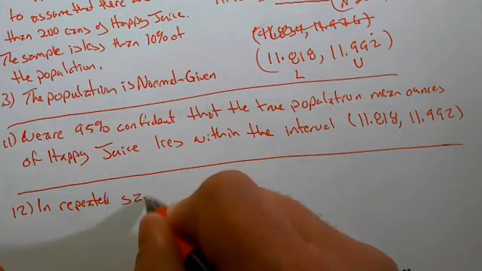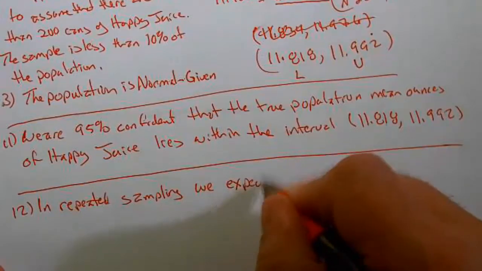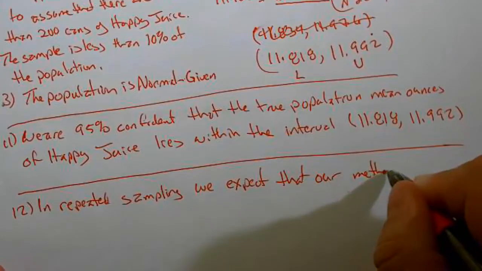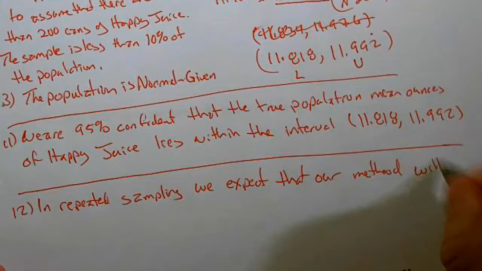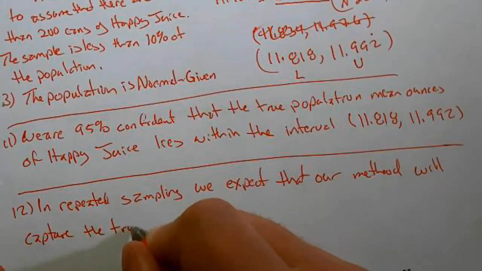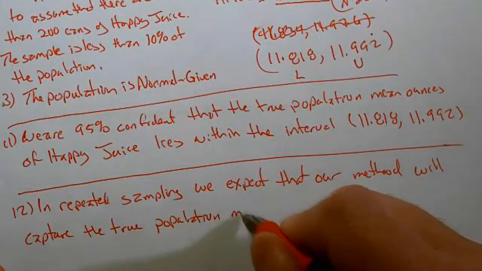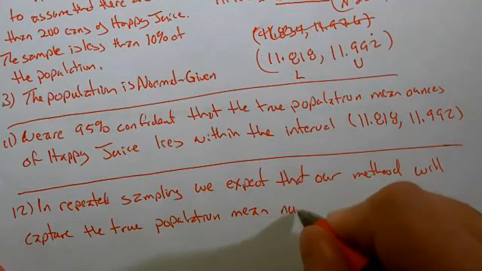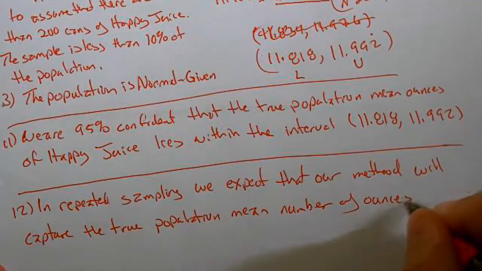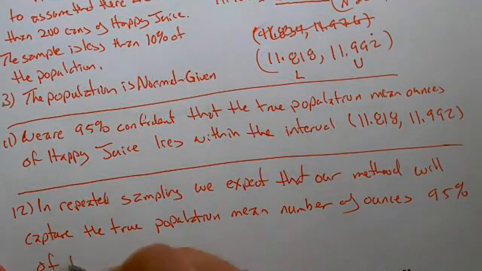So in repeated sampling, we expect that our method will capture the true population mean number of ounces or happy juice ounces 95% of the time.